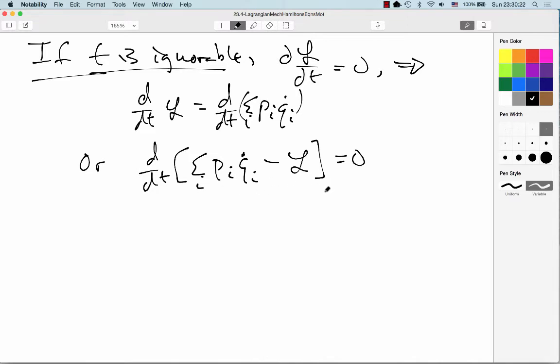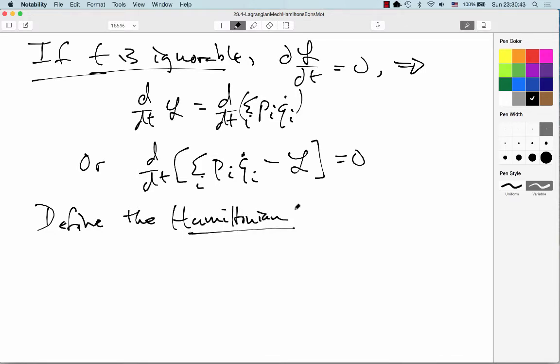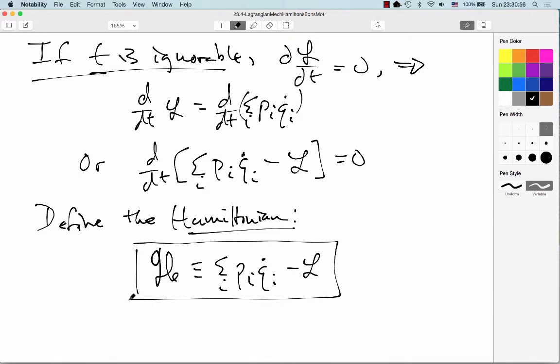It's this. So if t is ignorable, the stuff in the square brackets is conserved, so we'll give that a name. And we'll define the Hamiltonian H to be the sum over i of pi qi dot minus the Lagrangian. All right.